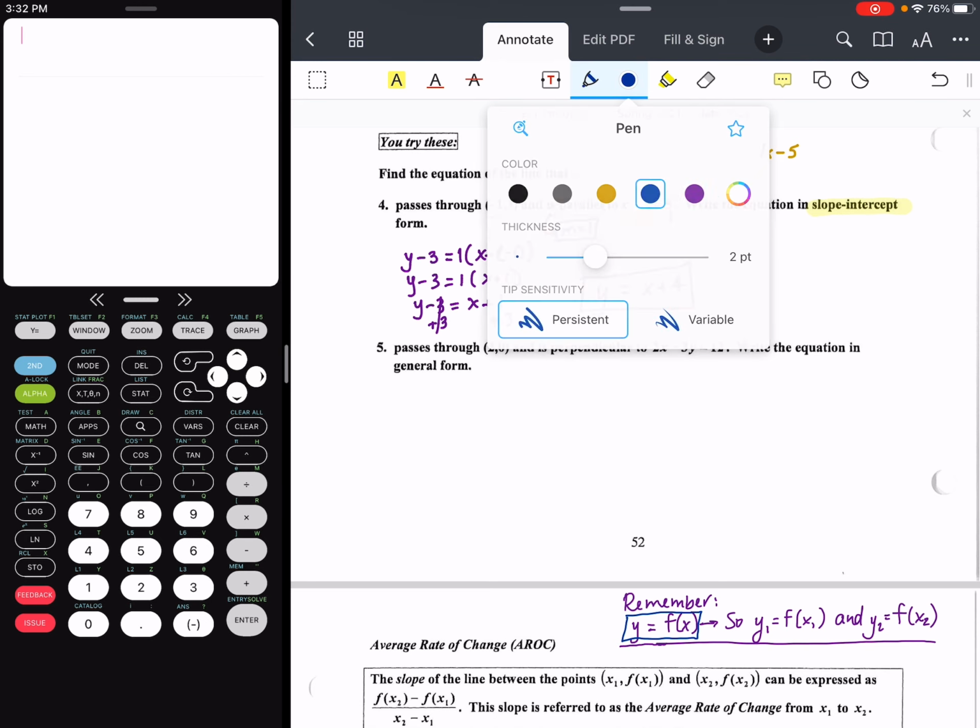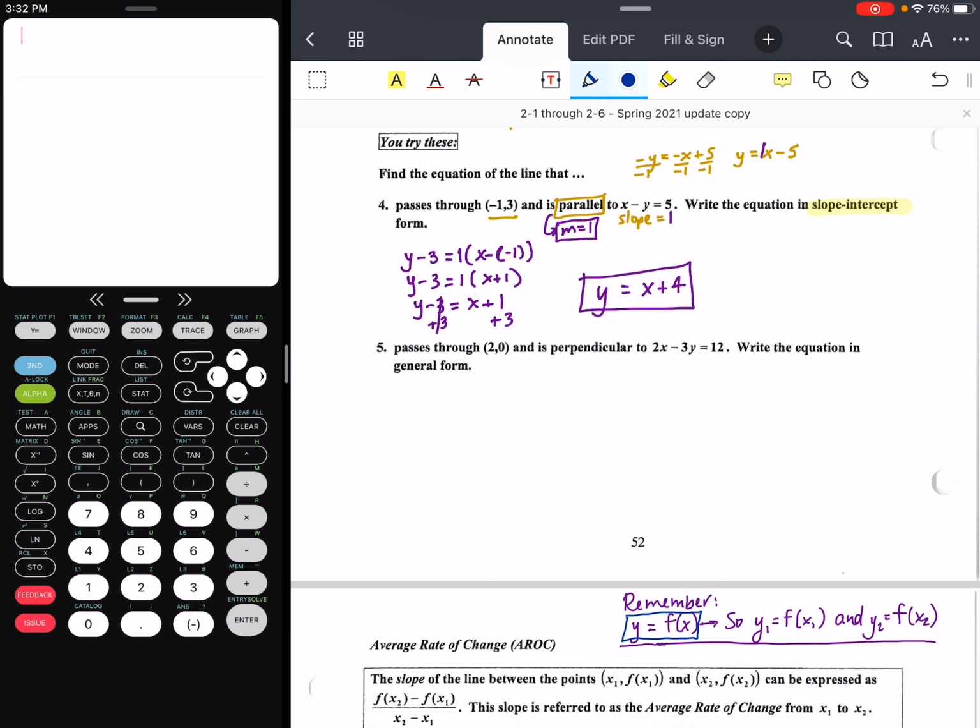And for number 5, now I want to find the equation of the line that passes through 2, 0 and is perpendicular to this equation here. So first I need to find the slope of this equation. Whatever that slope is, my perpendicular slope will be the negative reciprocal of that. So first I'm going to solve this equation for y.